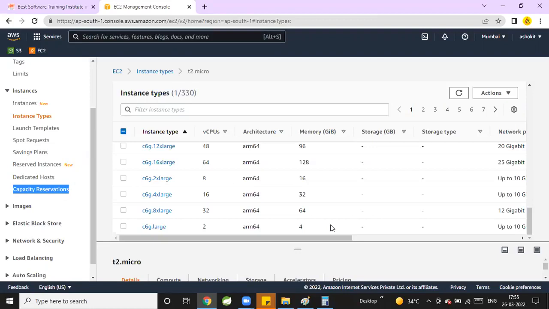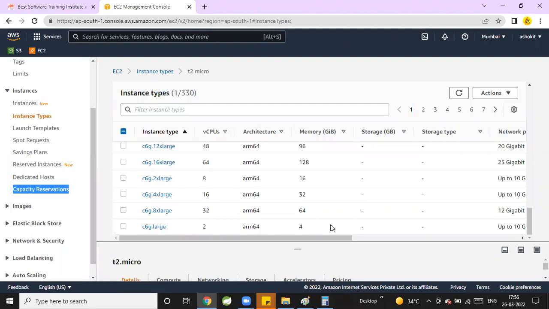It is free tier eligible. How many years is it free? 1 year. Monthly, how many hours can you use? 750 hours. What is the minimum billing time they are going to consider? 1 hour. Even if you use it for 5 minutes, they're going to consider this as 1 hour. So now, if you cross that limit, hourly, how much are they going to charge?